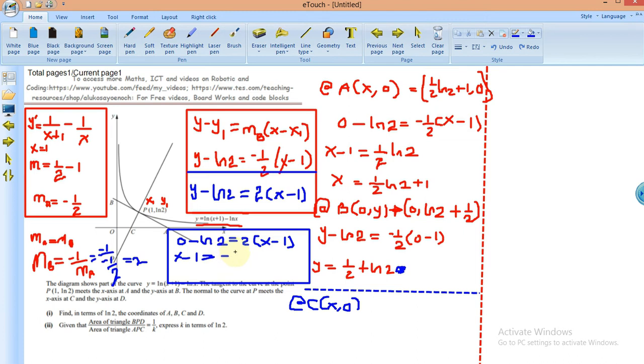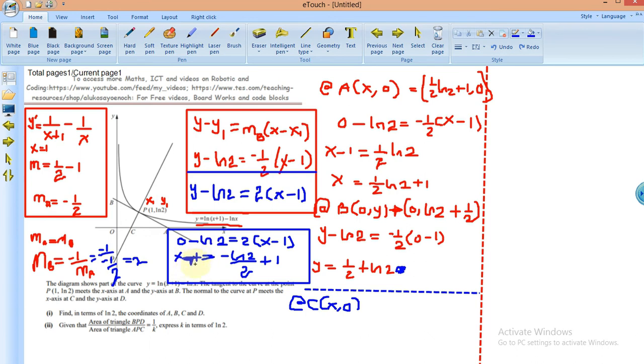Okay, so now I'm going to bring this one here. When you bring this plus 1 here, you're going to cancel out this one here. Sorry about that, I just need to manage my board. So x is now, I cancel this. So the coordinates at C, when x, that will be minus half ln 2 plus 1.